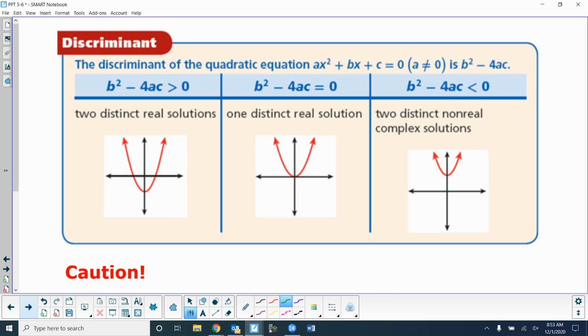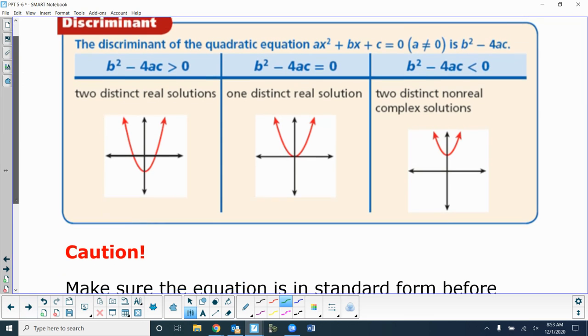And that's when the discriminant equals 0. Okay? So, when your discriminant is positive, you'll have 2 real solutions. When your discriminant, that b squared minus 4ac, equals 0, there's only 1 real solution. The vertex is right on the x-axis. It only hits in that one spot. When your discriminant becomes negative, you'll have 2 non-real solutions. And they don't always go up.